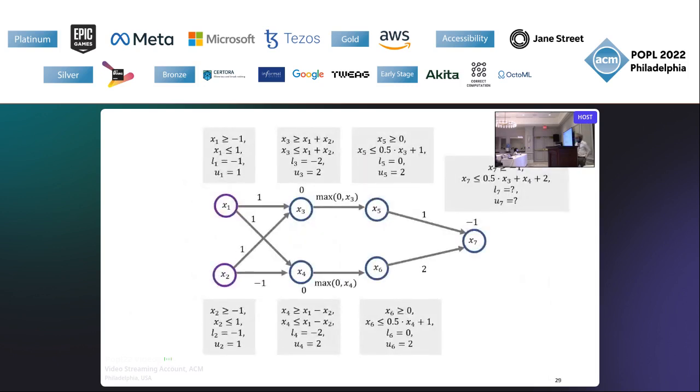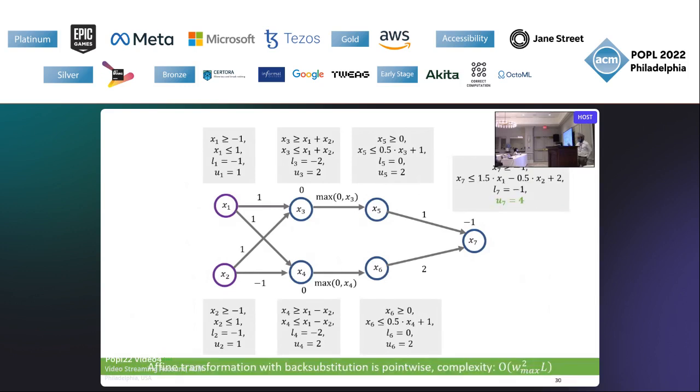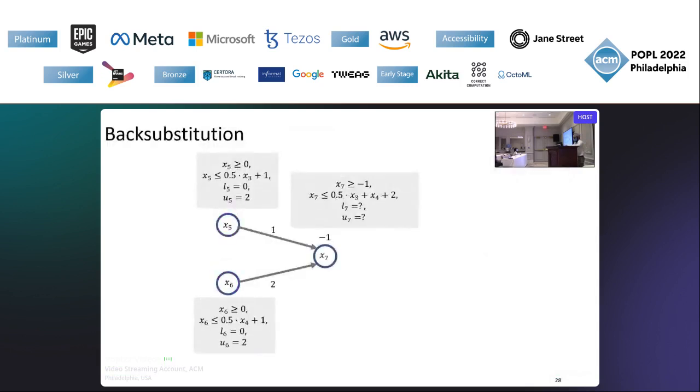Okay, so you can keep doing it, and then you can get the constraints for x7 defined in terms of x1 and x2, and then you can plug in the bounds for x1 and x2, and you get that the upper bound is more precise than 4. Overall, what this back substitution does is compute an approximate answer to the LP defined here, which is trying to compute the maximum and minimum bounds for x7 depending upon the DeepPoly constraints over the other neurons in the network.